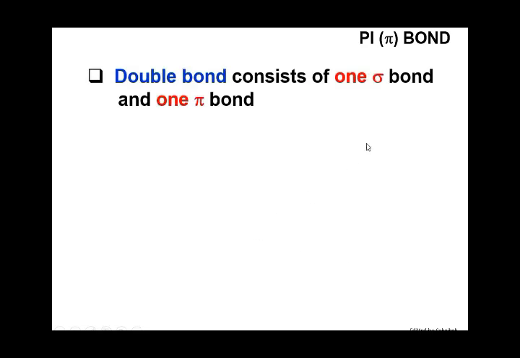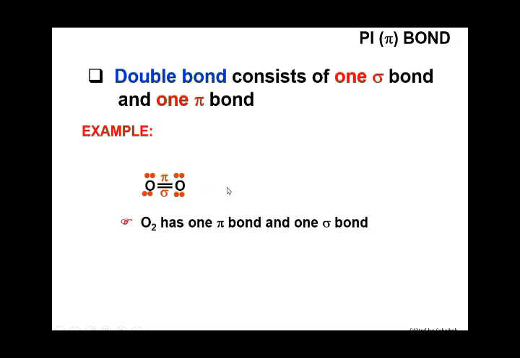A double bond consists of one sigma bond and one pi bond. For example, this is sigma bond and this is pi bond. Oxygen gas has one pi bond and one sigma bond.